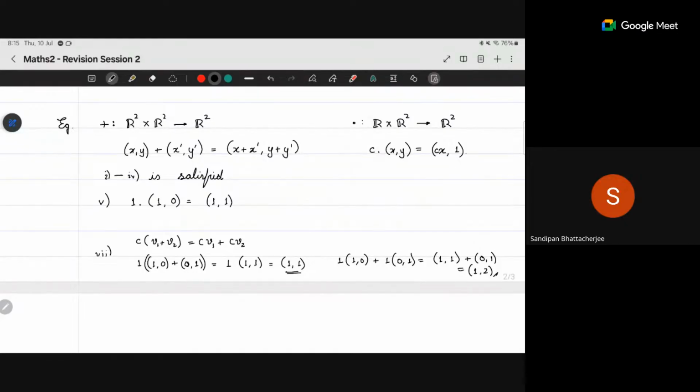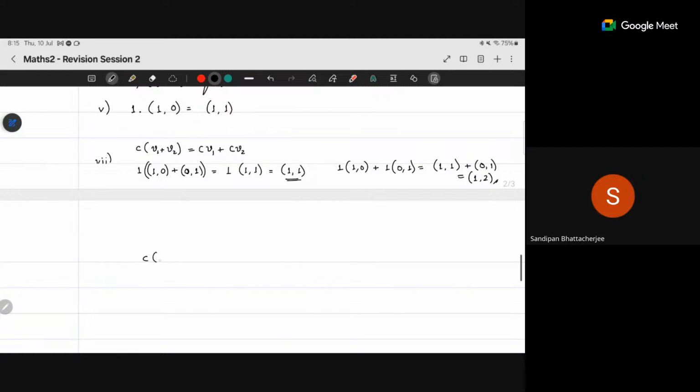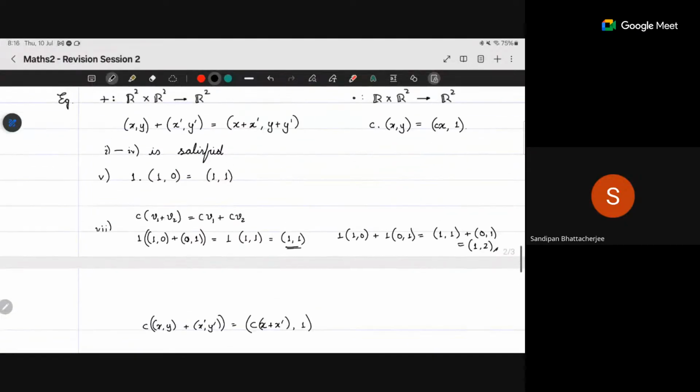We could have taken just two generic vectors (x, y) and (x prime, y prime) and done this in a generic way, but there are some vectors for which that holds also. If I do it generically, c times ((x, y) plus (x prime, y prime)) would be equal to (c times (x plus x prime), 1), because y plus y prime will not matter.